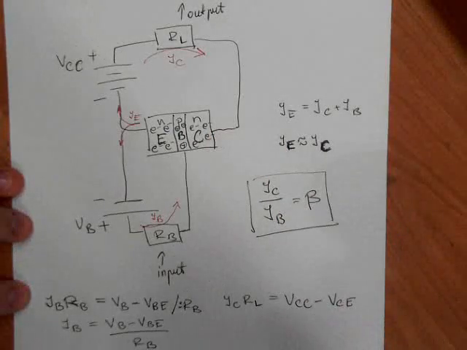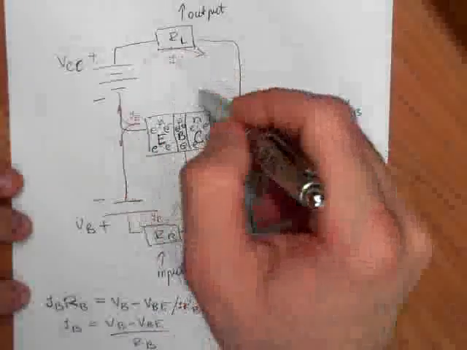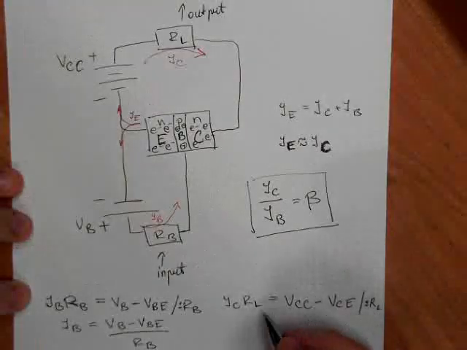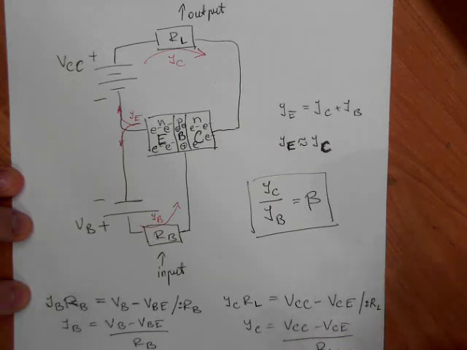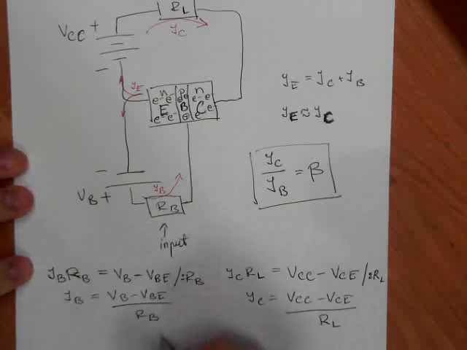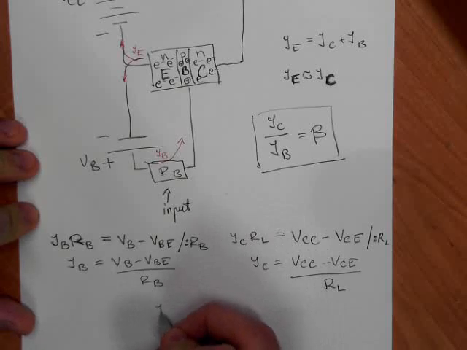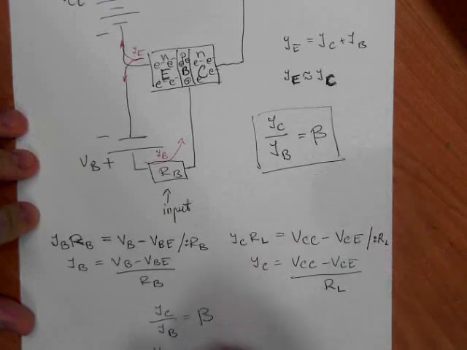So this is the equation for this upper part, this voltage supply. Now again I divide by RL and I get IC equals VCC minus VCE divided by RL. So this is collector current, this is base current. And these currents are joined by the equation IC divided by IB is beta. In other words, IC is beta times IB.